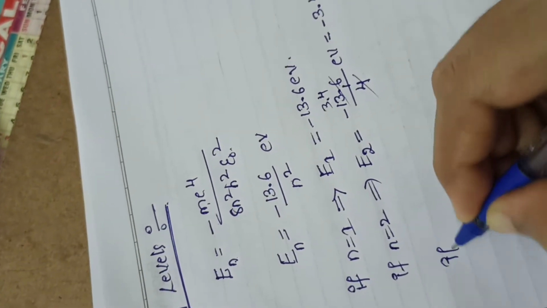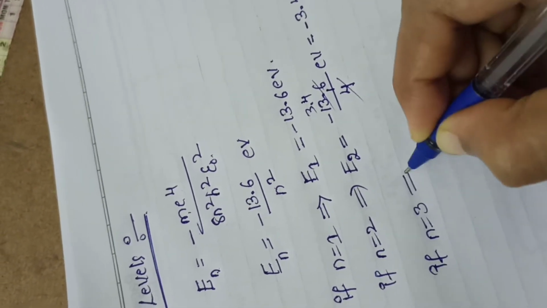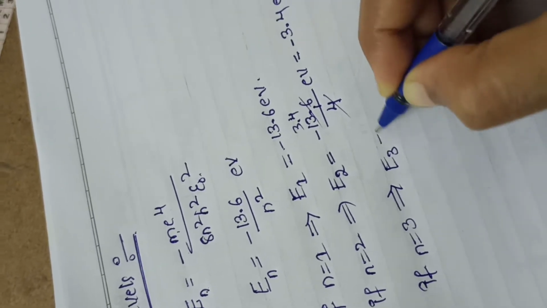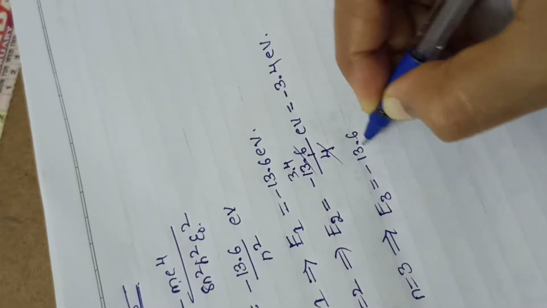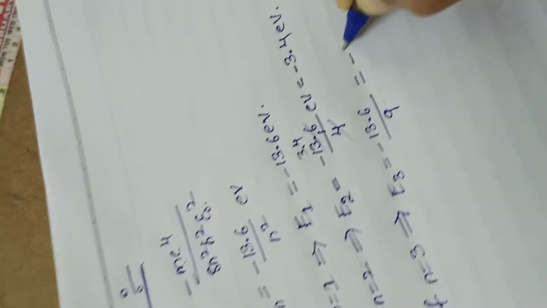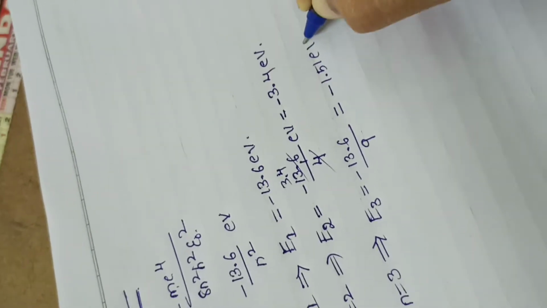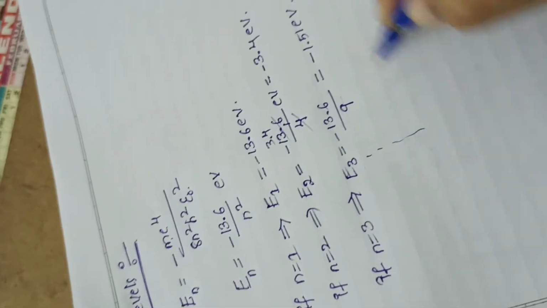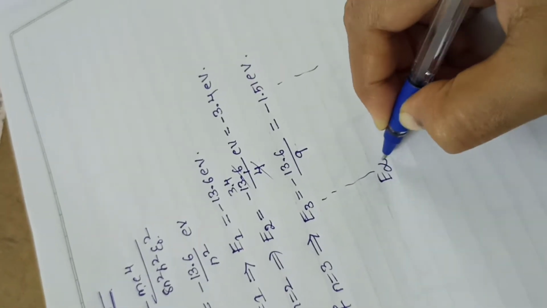Now if n is equal to 3, what is the value? E3 is equal to minus 13.6 by 3 square, 3 3s are 9. So here it is minus 1.51 electron volts, and so on up to infinity.